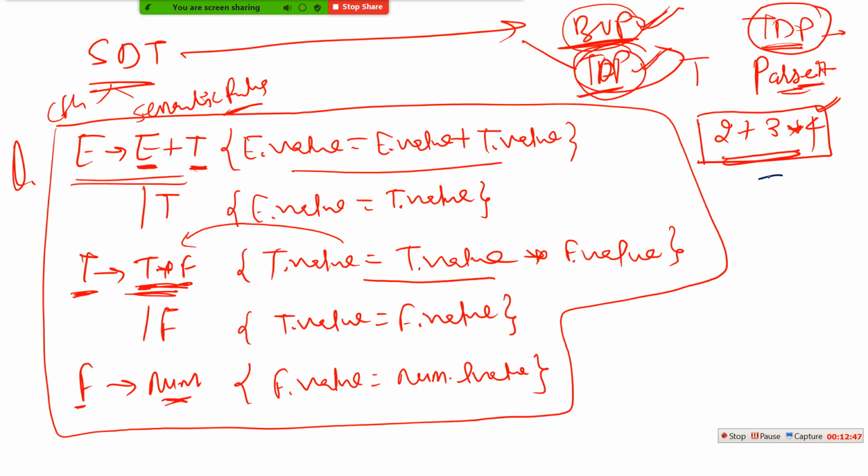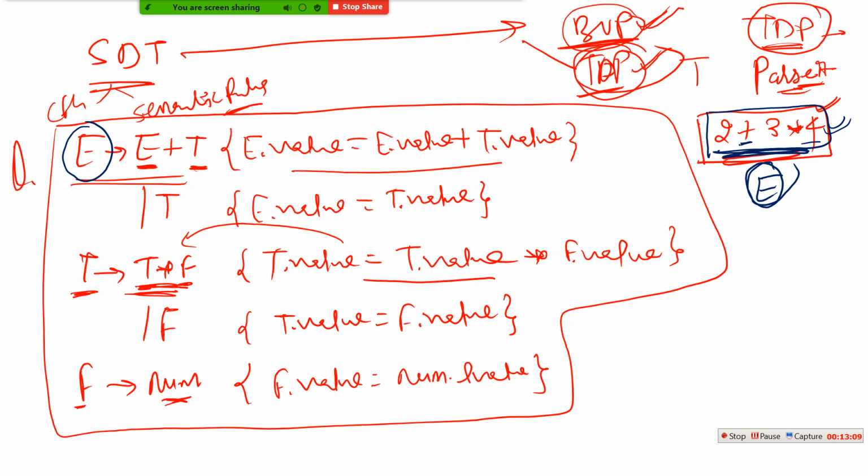So here I will start from E, because E is my starting symbol. My semantic tree should generate the value of 2 plus 3 into 4.